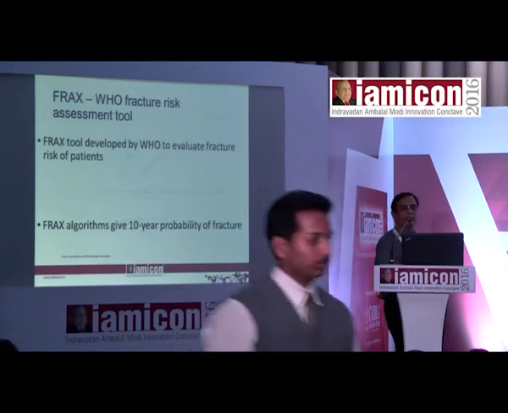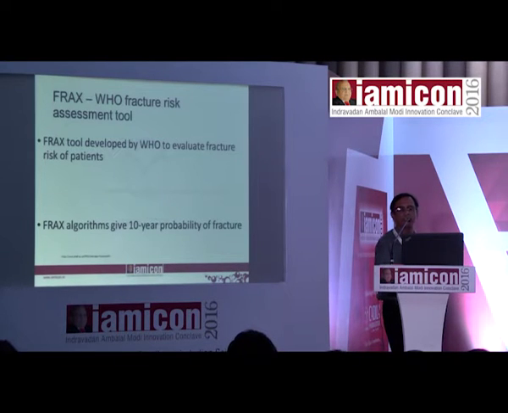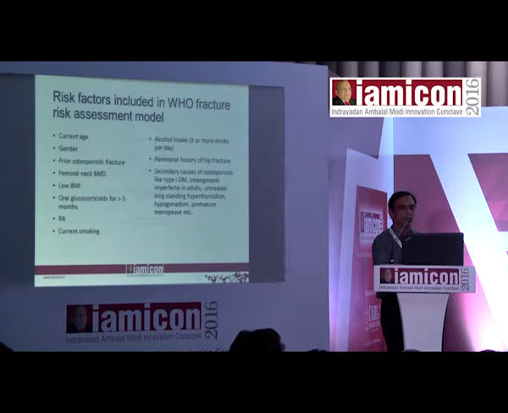Another is the fracture risk assessment tool, FRAX. This is the most important one apart from BMD. The FRAX tool was developed by WHO. It evaluates the risk of the patients. It has an algorithm and is a very useful one. It gives a 10-year probability of fracture.